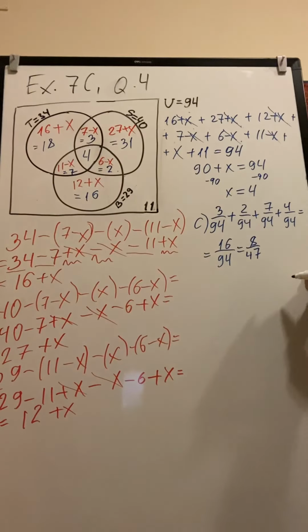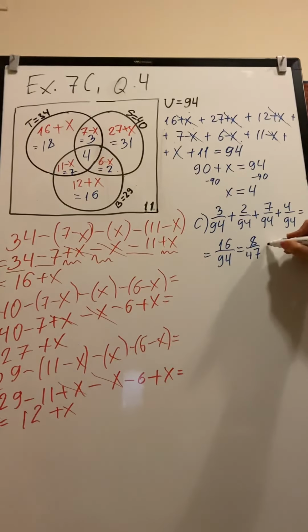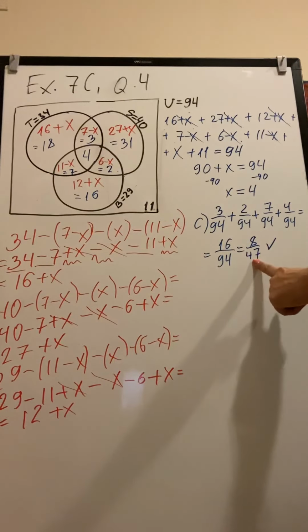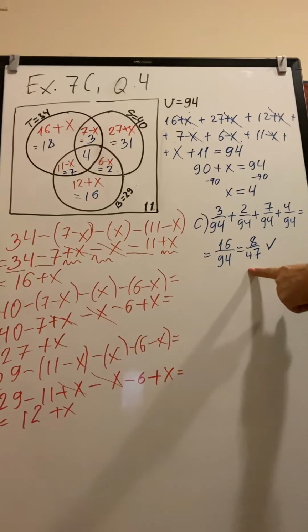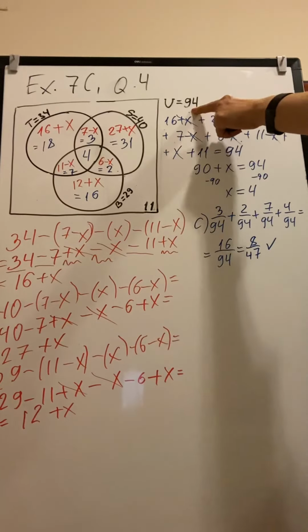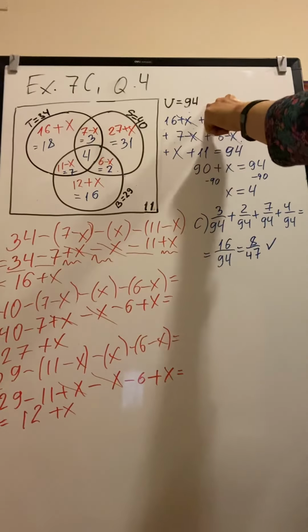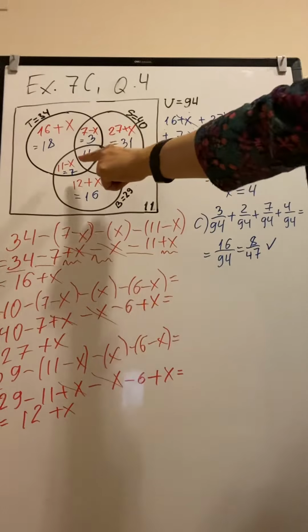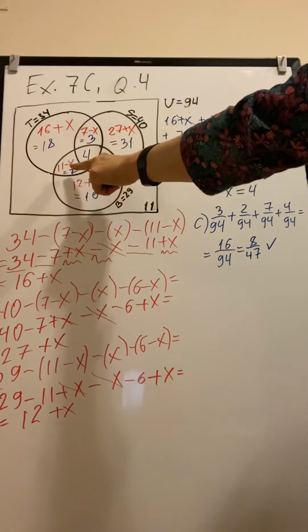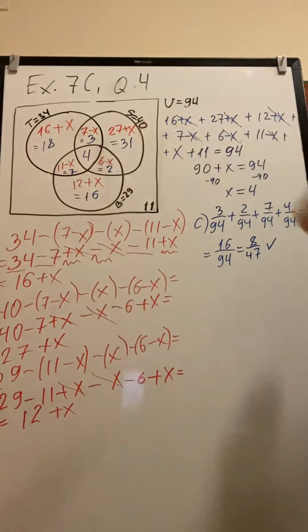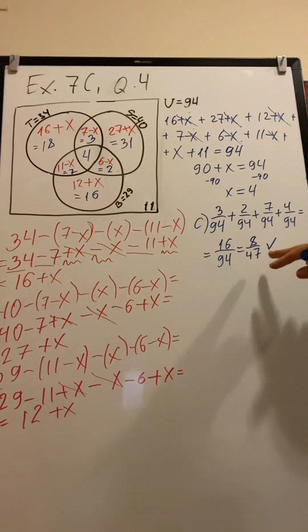Okay, and that's it. That's your answer for sub-question C. What is the probability that the car chosen at random out of this bulk of 94 cars will actually be either faulty for 2 reasons or 3 reasons, so at least 2 reasons, and the probability is 8 over 47.